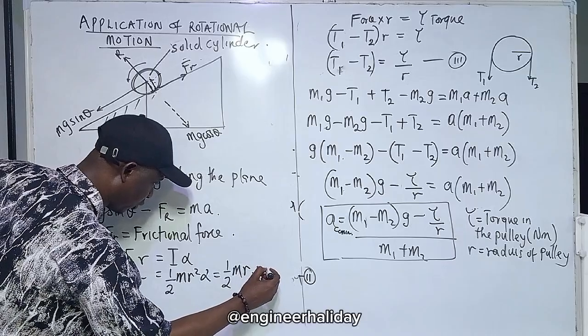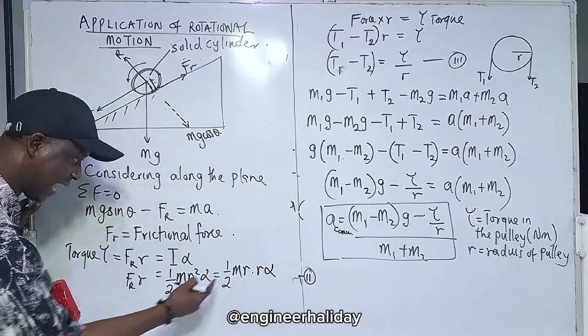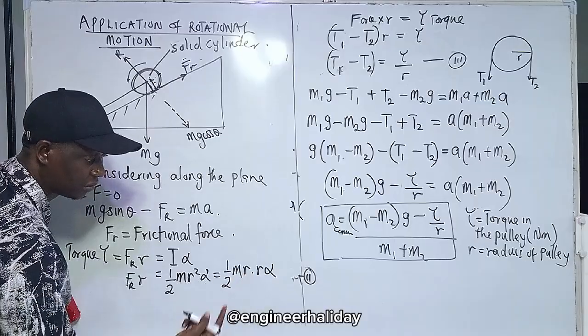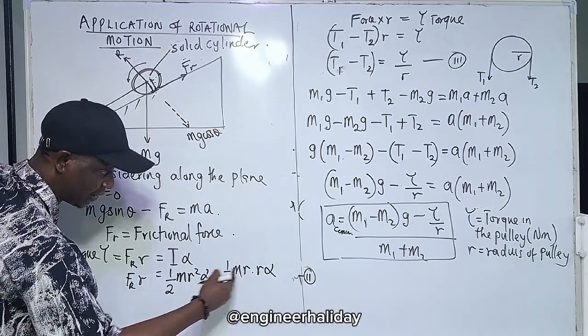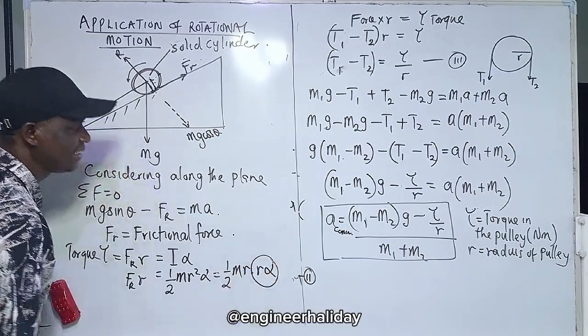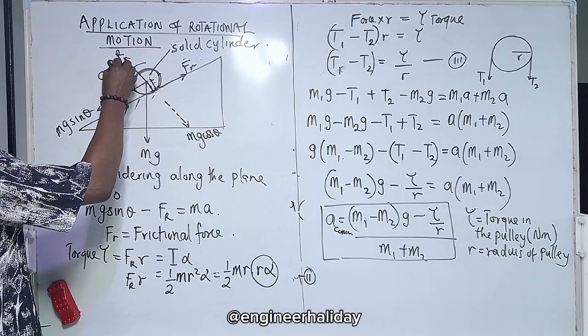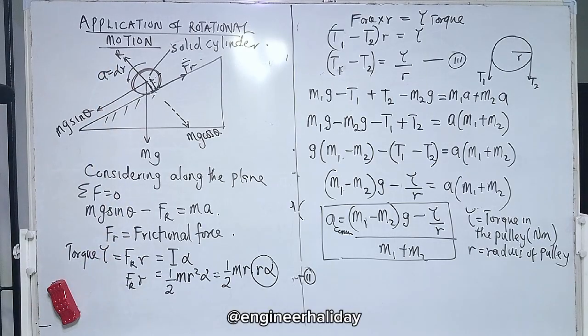Look at the board. I want to maneuver alpha. This is r times r, which is r squared. R times alpha is r times r squared times alpha. But remember, a equals alpha r. Yes, a equals alpha r.